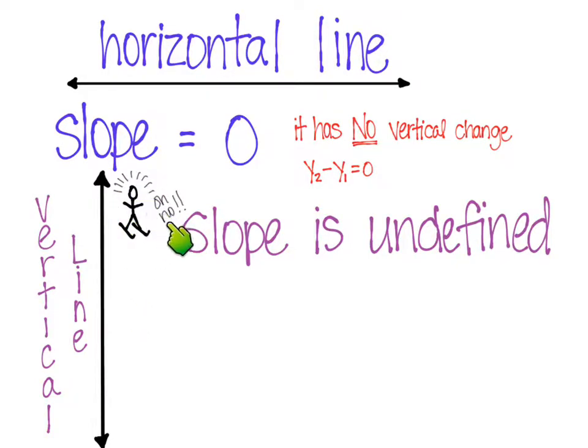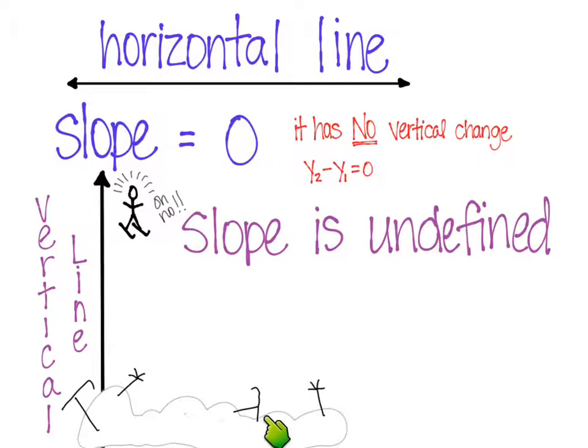At the bottom of the hill, oh my gosh, they hit the ground. Look at this. You've got an arm, a leg over here, another arm over here, and this person is undefined. Now, that's just to remind you that straight up and down, a vertical line, is an undefined slope because you would become undefined if you skied down it.